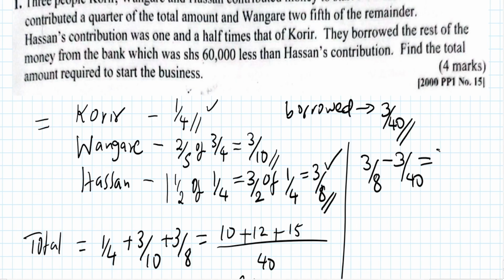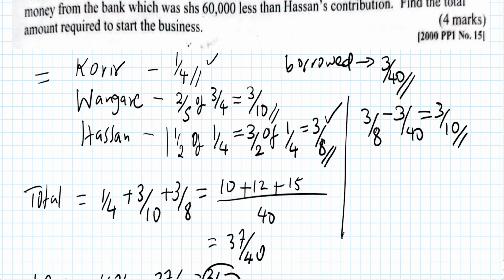Okay, now 3/10 represents the difference, and the difference is 60,000 shillings. It represents ile tofauti ama itwaje, the difference between Hassan's contribution and whatever they borrowed from the bank.